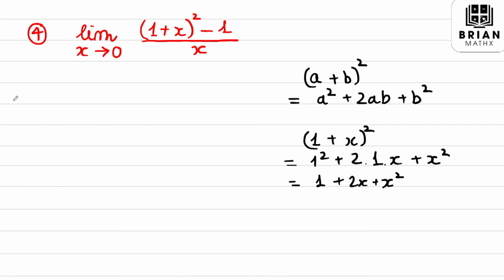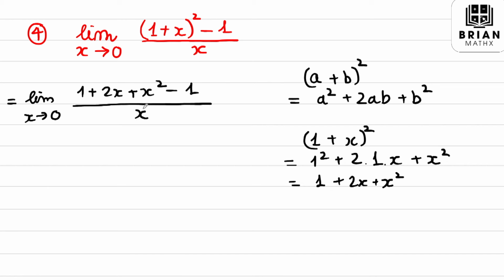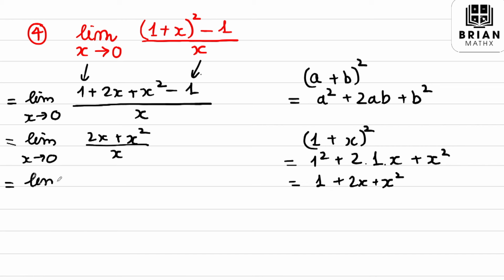So I will have the new limit, when x approaches 0, of 1 plus 2x plus x squared minus 1 here. You can see I have 1 in this position and minus 1 in this position. So when I simplify the numerator, it becomes 2x plus x squared over x. The numerator will be simplified by factorization.